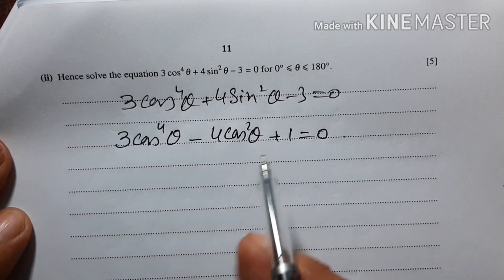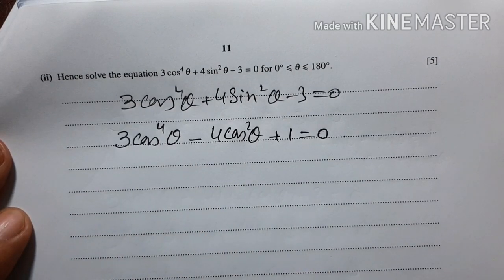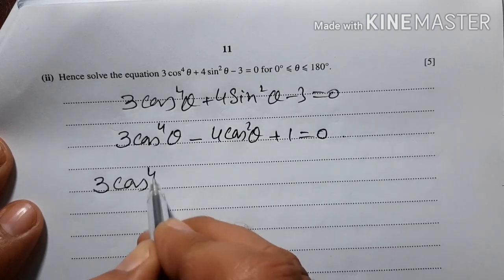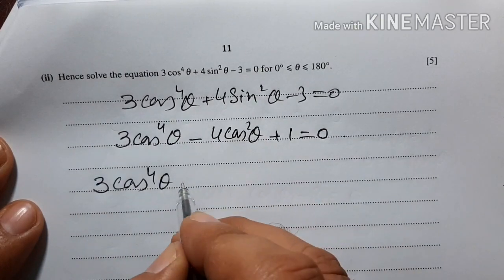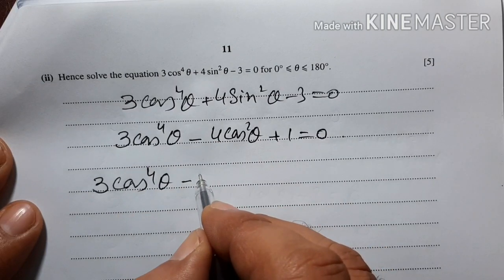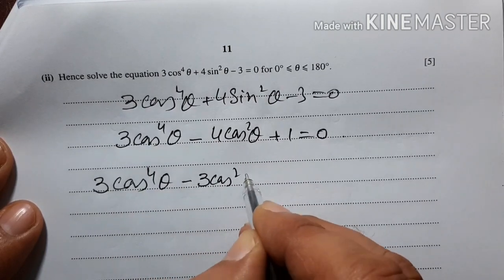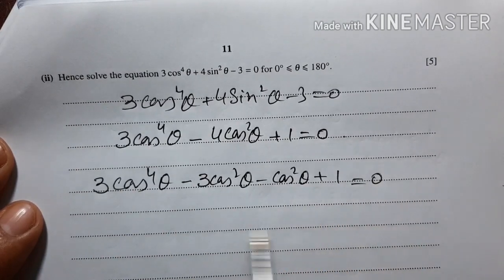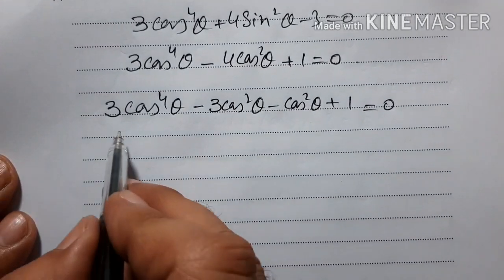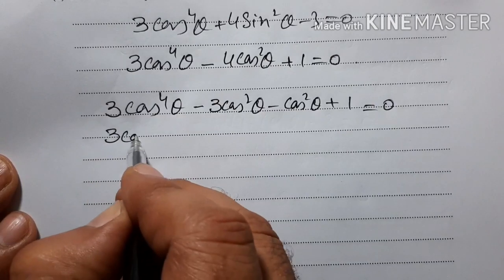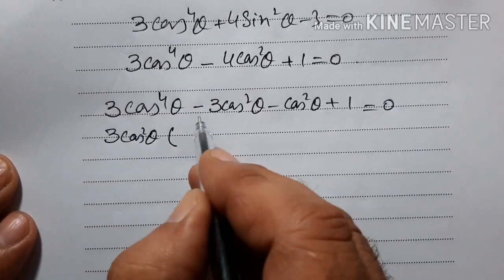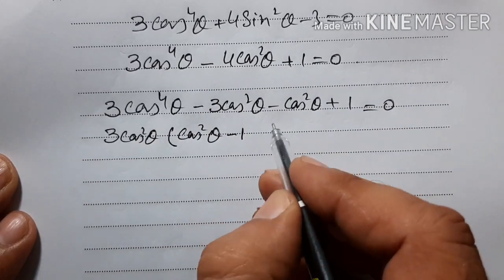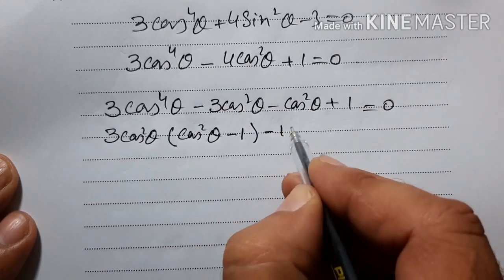So I'll solve it by the mid-term break method. It will be 3 cos 4 theta minus 3 cos square theta minus cos square theta plus 1 is equal to 0. So take 3 cos square theta common. It will be cos square theta minus 1, and take 1 common here, minus 1.